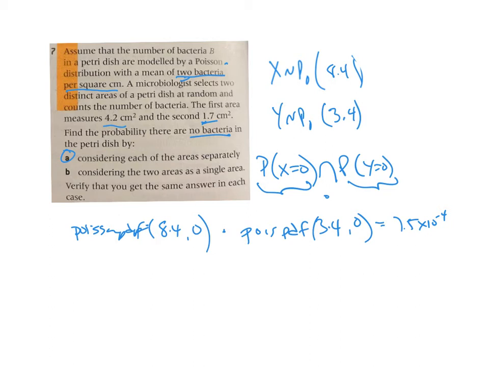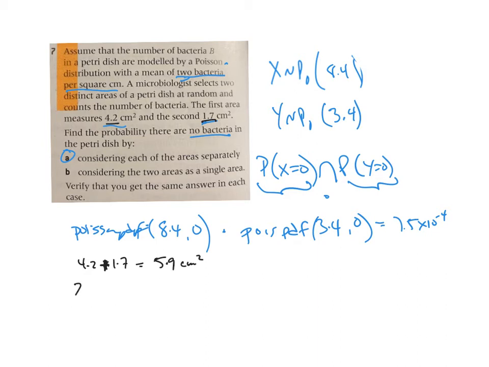Now, they're also saying consider that there is one single area. So if we're considering it's one single area, then in total, our total area is going to be 4.2 plus the 1.7, which is going to be 5.9 centimeters squared.